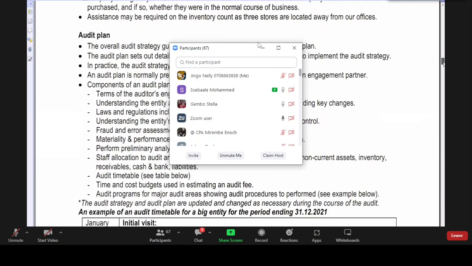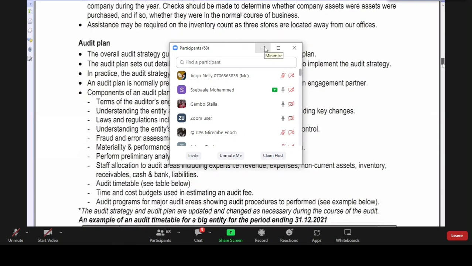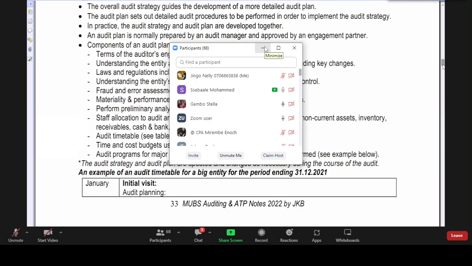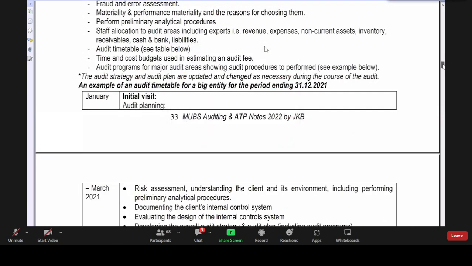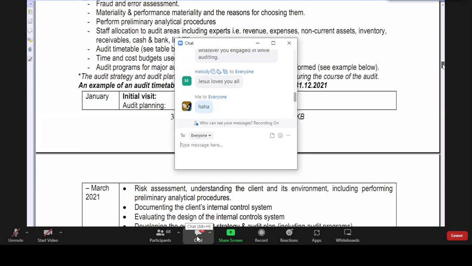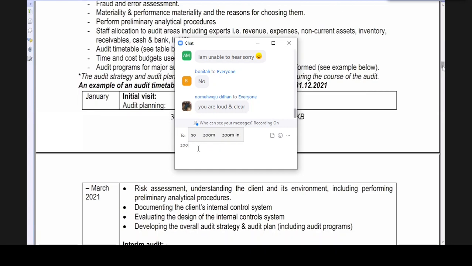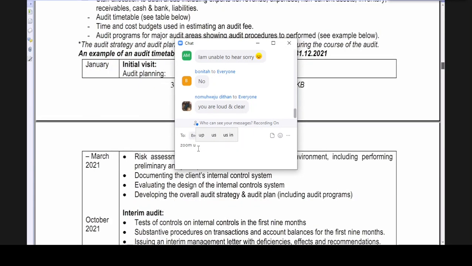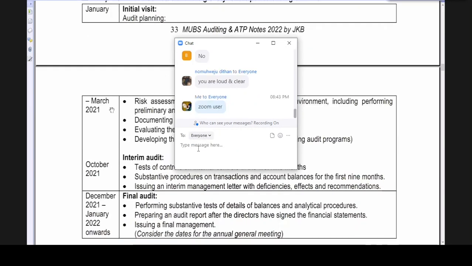Yes, where do you want me to go? Before the interim audit, that is before October, the January to March 2021 part. Here? January to March 2021. Okay.